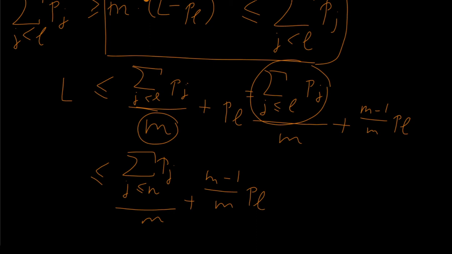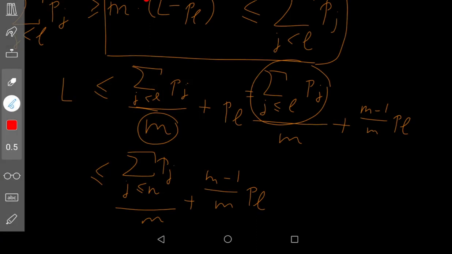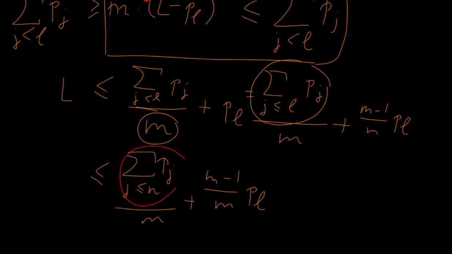Now we had two general bounds. One was that this whole term is a lower bound for L star; this was the first general bound. And second, PL is also smaller than L star, because in every schedule we have to schedule the L-th job somewhere, so the optimum cannot be smaller than PL.